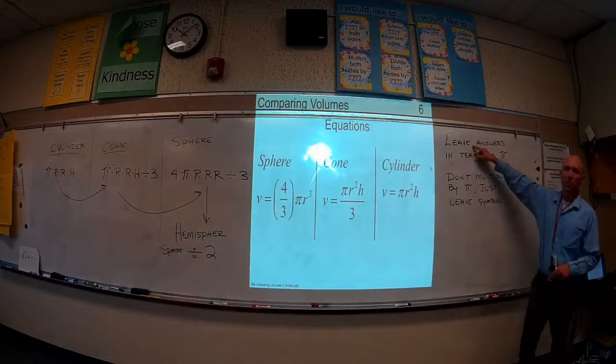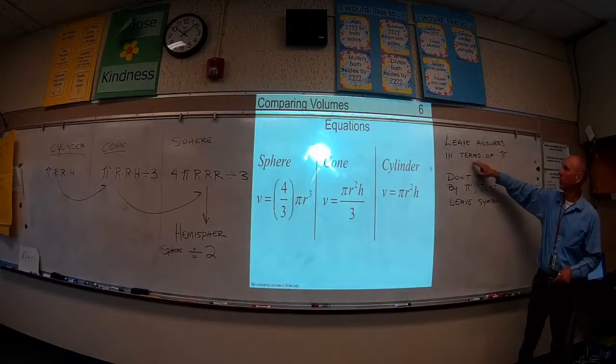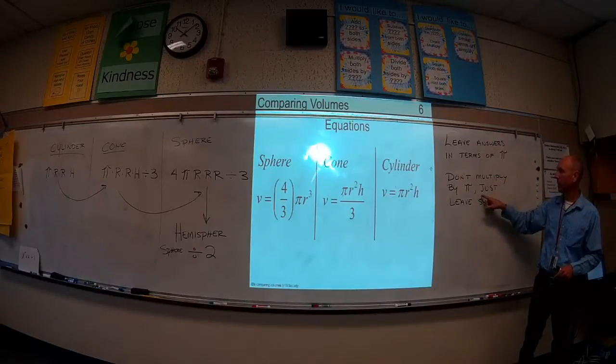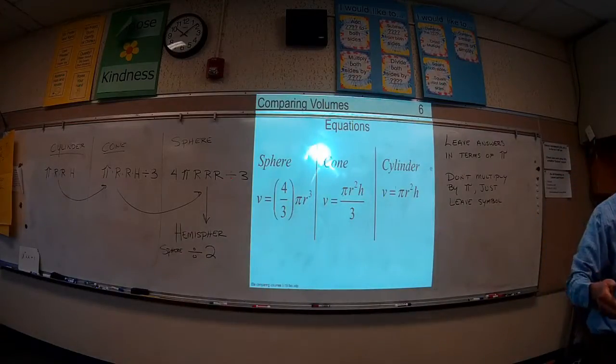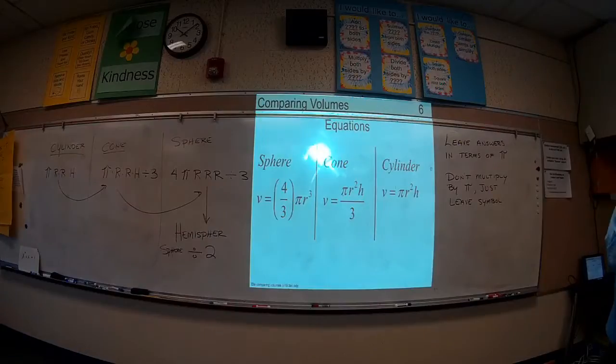We're going to start doing what's called leaving the answers in terms of pi. Don't multiply by pi, just leave the symbol. So instead of saying 2 times 3.14, I'm going to write 2 pi. Instead of saying 5 times 3.14, I'm going to write 5 pi.